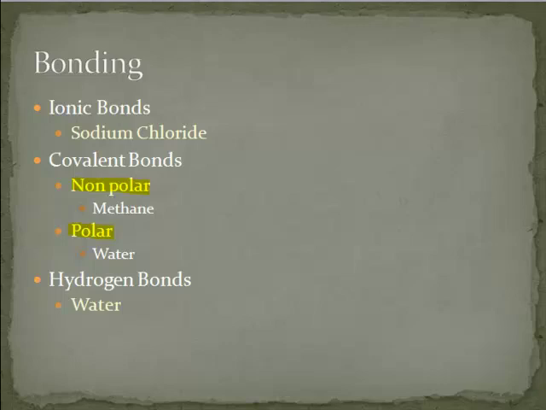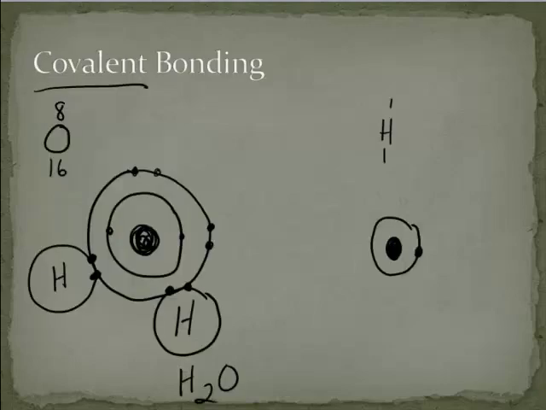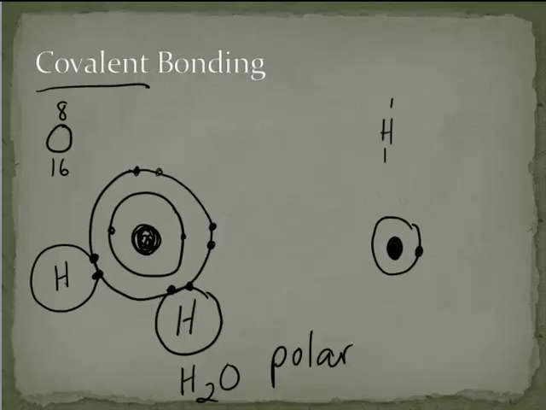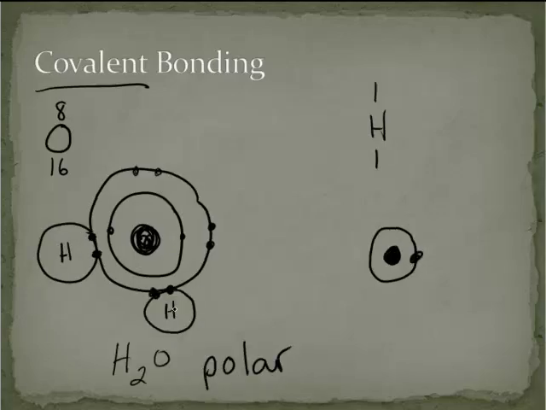If we go back to the water molecule here, this molecule is polar. The reason it's polar is because oxygen is a much bigger molecule, and so it has a stronger pull for the electrons. And what this leads to is an unequal sharing.